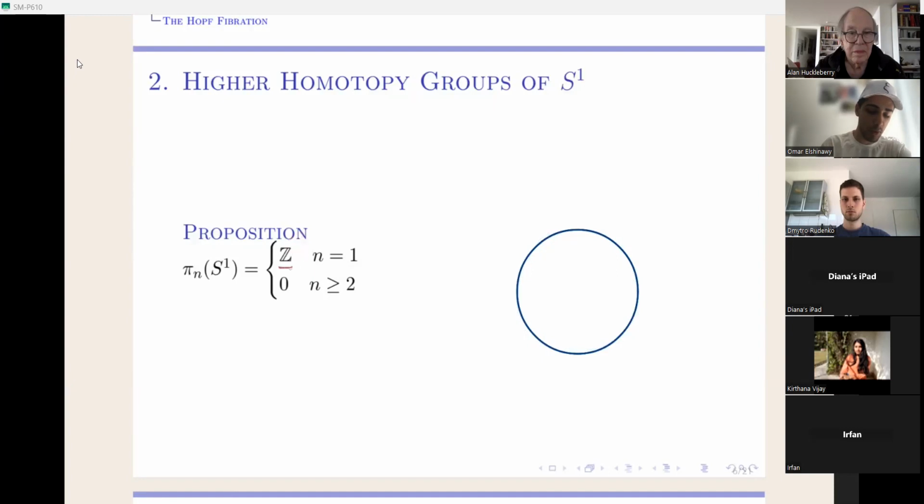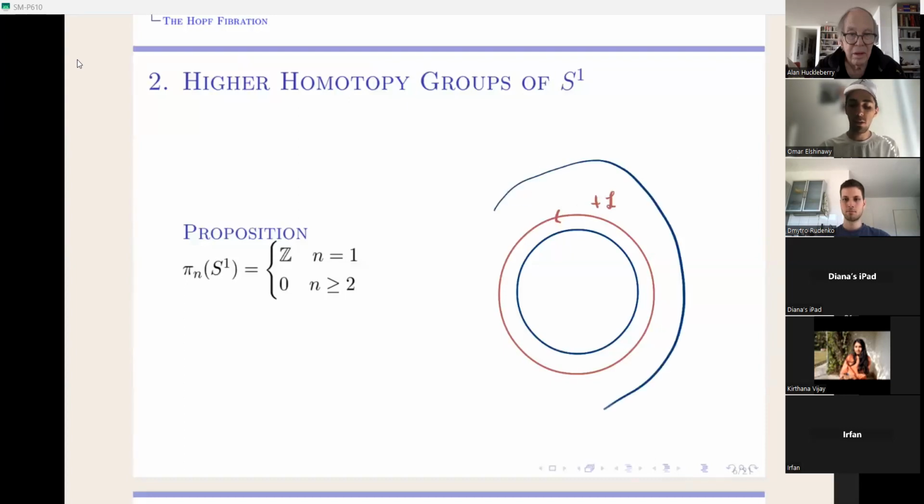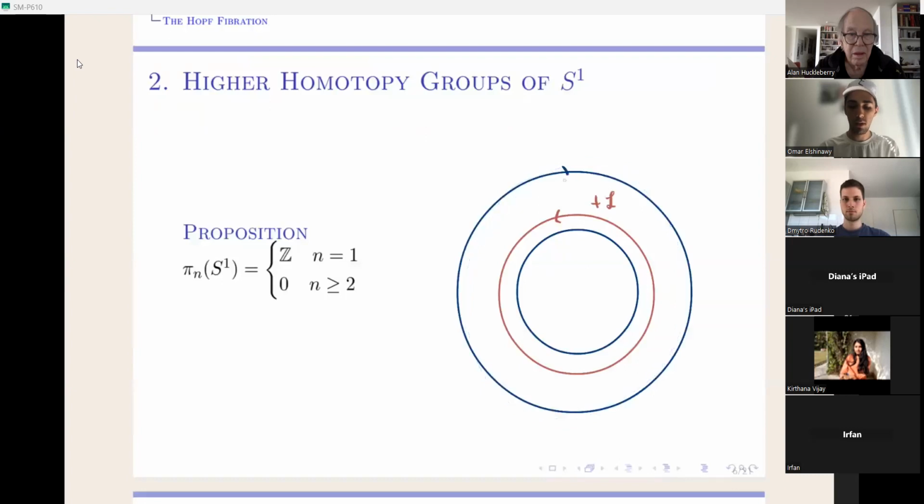And the reason why we have Z, very loosely speaking, we're not going to have time to prove that, is because when you work with loops, you can set a positive direction and a negative direction. So let's say this direction is the clockwise direction. So one loop corresponds to +1, and then another loop could be in the other direction, the counterclockwise direction, then that's -1.